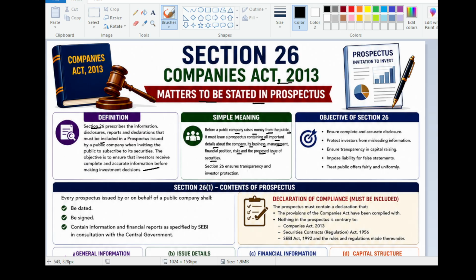Section 26 ensures transparency and investors' protection. Objective of Section 26: ensure complete and accurate disclosure, protect investors from misleading information, ensure transparency in capital raising, impose liability for false statements, and treat public offers fairly.